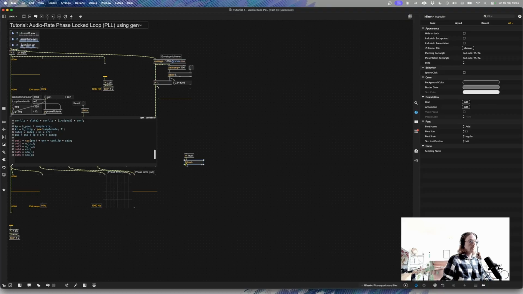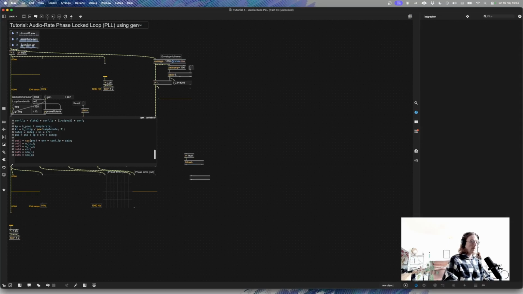So it splits the signal into two signals, one in-phase component and one out-of-phase component. So you see here the cosine or the real valued input, and this is the sine or the imaginary output, so the Q component.